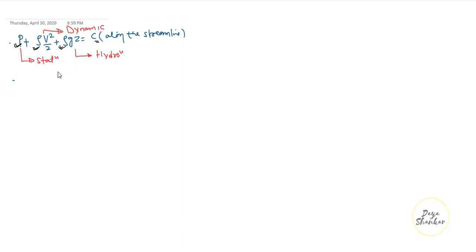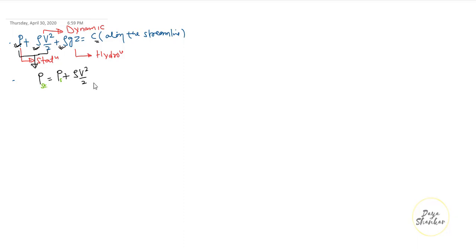Moving forward in this class, we are focusing on these two terms only, that means the sum of the static pressure plus dynamic pressure term. We name this the stagnation pressure, with the notation P_ST. This is the stagnation pressure, this is the static pressure P_S, and this term is the dynamic pressure.